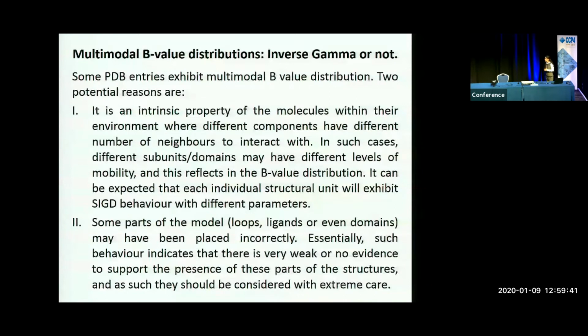The first, it may be the natural property of molecules within their environment, where the different components have different numbers of neighbors to interact with, and in such cases, the different subunits and domains may have different levels of mobility. And this is reflected in the B-value distribution. We expect that each individual structural unit will exhibit shifted inverse gamma distribution behavior with different parameters.